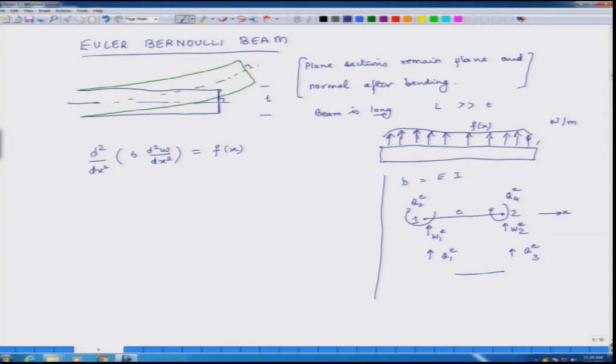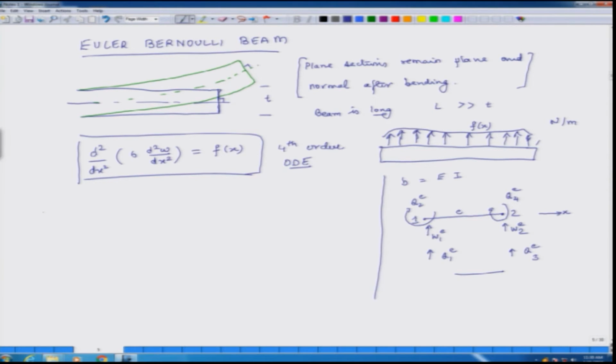So, if this is the convention, then to develop a weak formulation using this governing differential equation, please note that this is a fourth order ordinary differential equation. So, I will have to integrate it by parts 2 times.